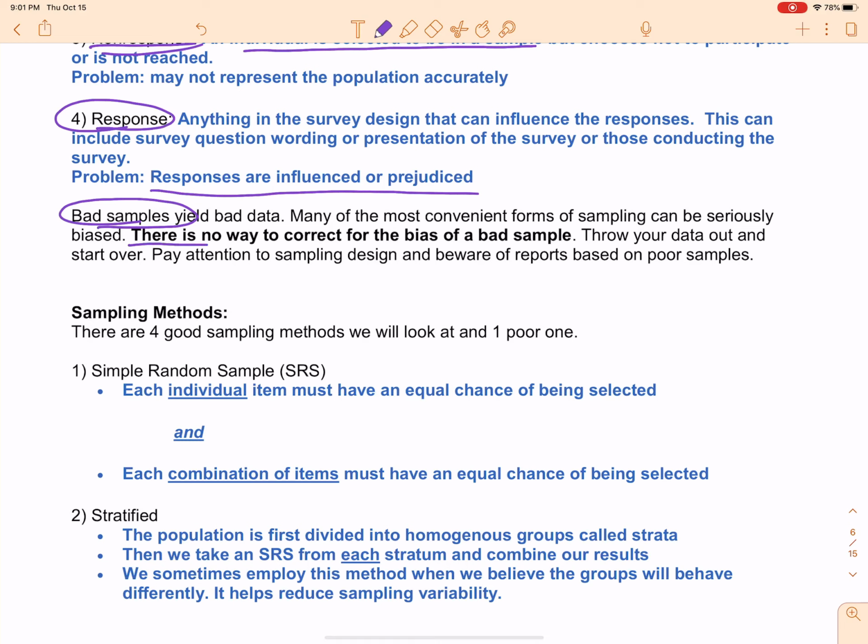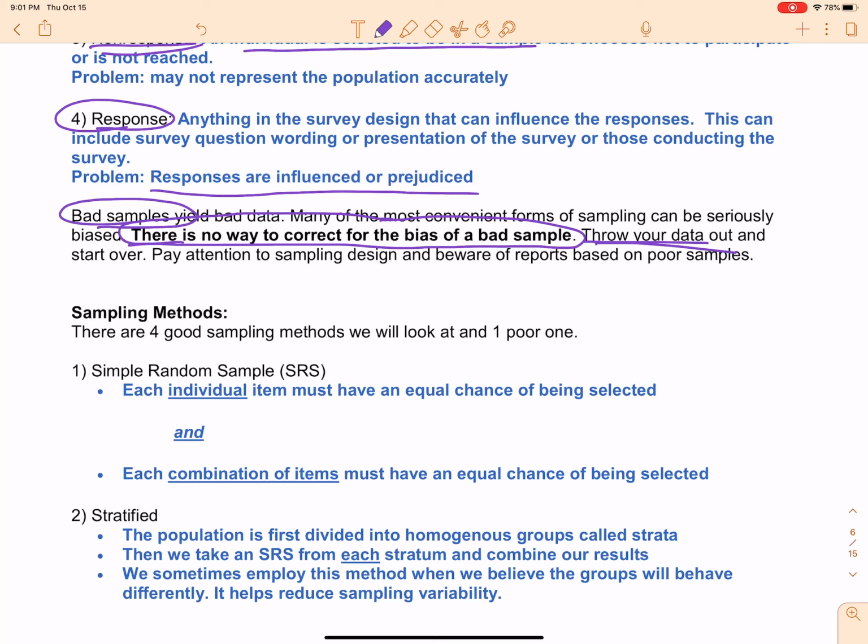There's nothing you can do mathematically or anything else to fix it. You can't correct for a bad sample. It's either a bad sample or it's not. And if it's bad, all you can do is throw out your data and start over again with something that's more representative of your population.